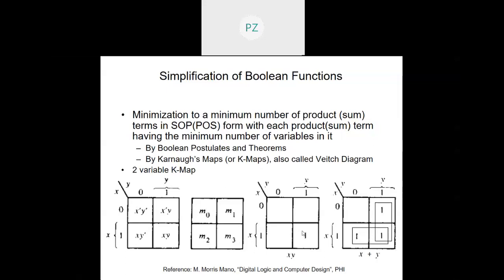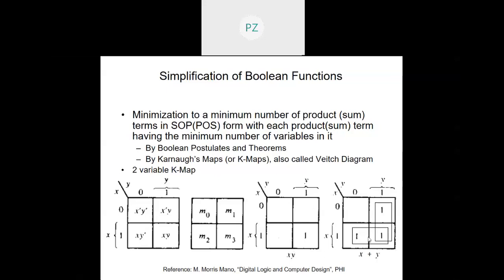So obviously this m3 can be written as xy, right? That is how we are going to write it. x because x is 1 and y because y is 1 as well. There is no other one here, that means there is no other min term in that function. So that is why it cannot be minimized, but can still be written using a two variable K-map.